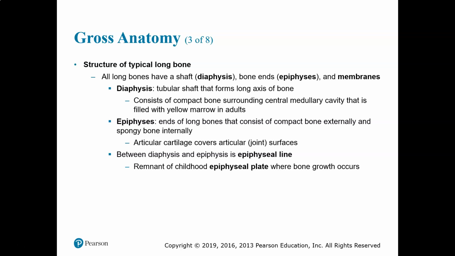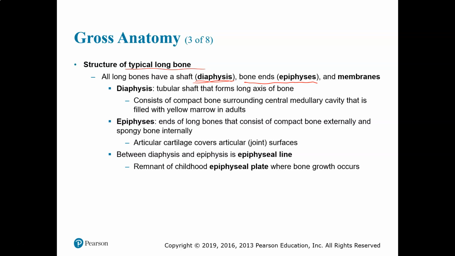With a typical long bone, you're going to have the shaft or the middle of the bone. The long part is the diaphysis, and the ends of the bone are called epiphyses. Each end is called an epiphysis, but both together they're called epiphyses. And then there will be membranes.